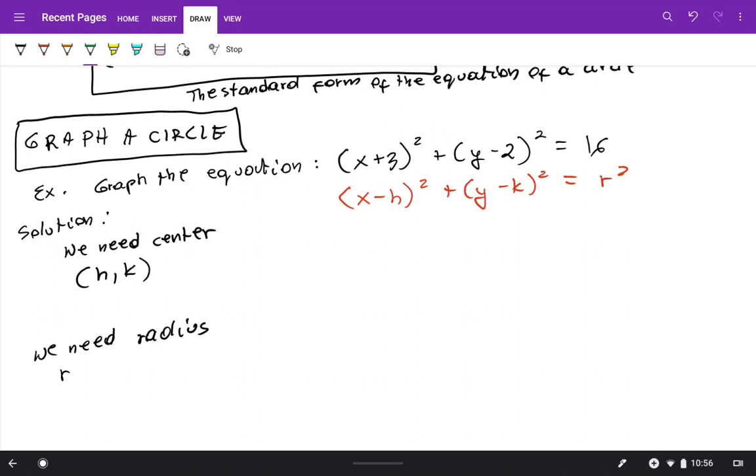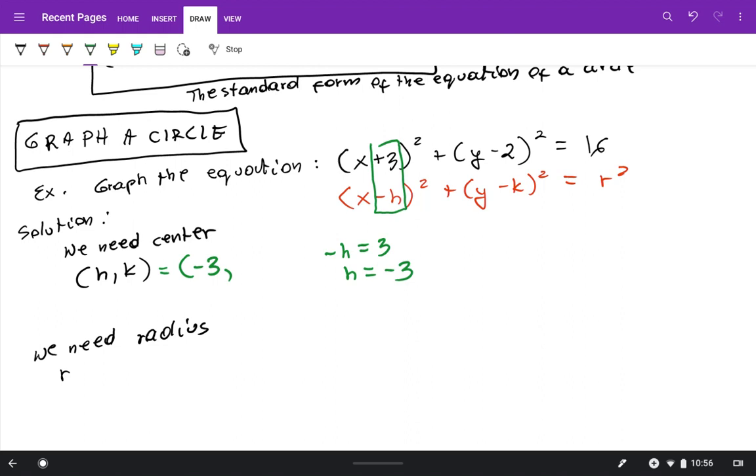So here, if you just match, you see that this part, negative h is equal to 3. That means h is equal to negative 3. So that's my x coordinate.